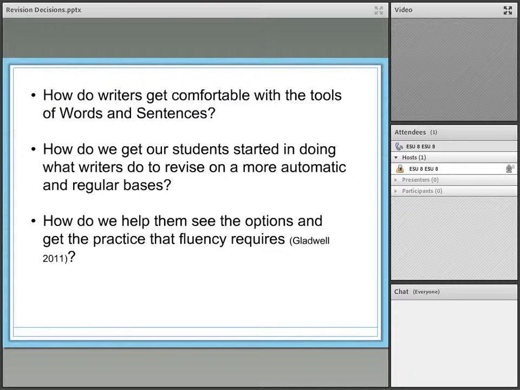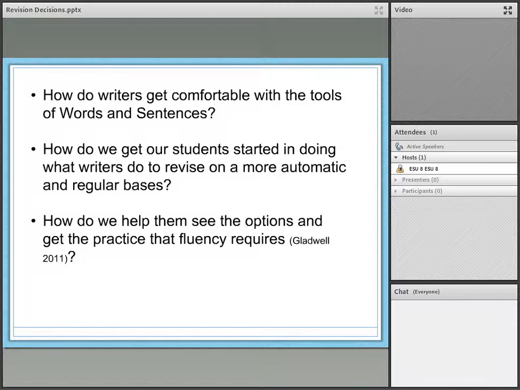So as teachers, these questions come to mind about teaching writing to our students. The first question is, how do writers get comfortable with the tools of words and sentences? The next question would be, how do we get our students started in doing what writers do to revise on a more automatic and regular basis?